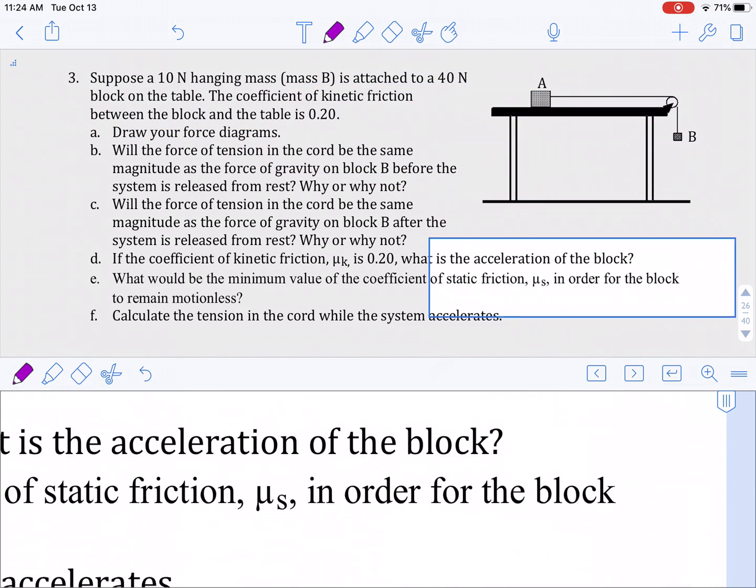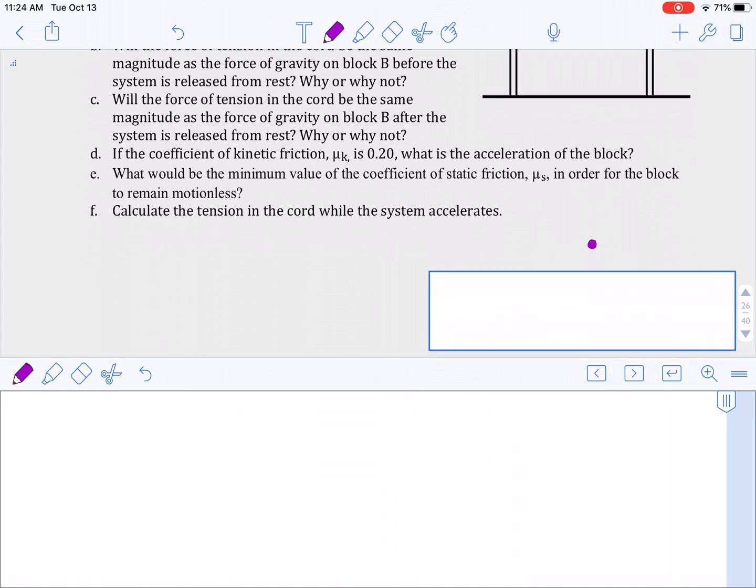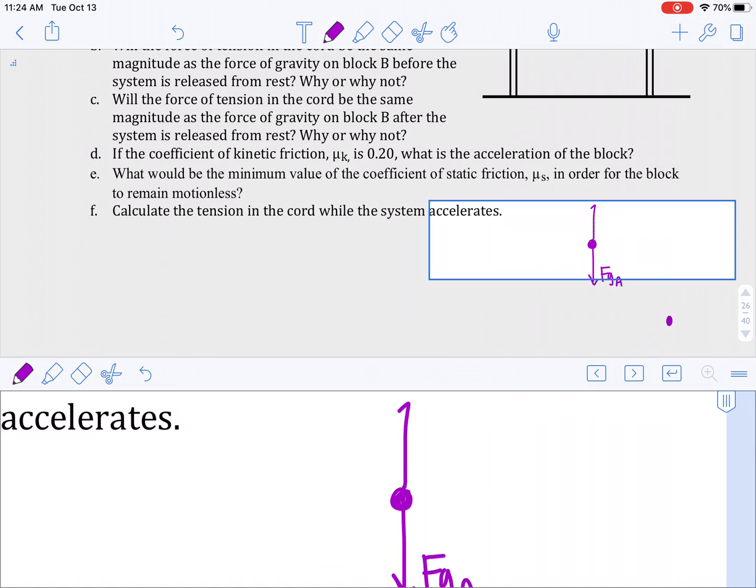Okay, so first things first, I need to draw my FBDs. I'm going to draw my box A FBD here, and I'll draw my box B FBD a little bit lower just so I can keep it straight. Box A will have a force of gravity on A and a normal force from the table.